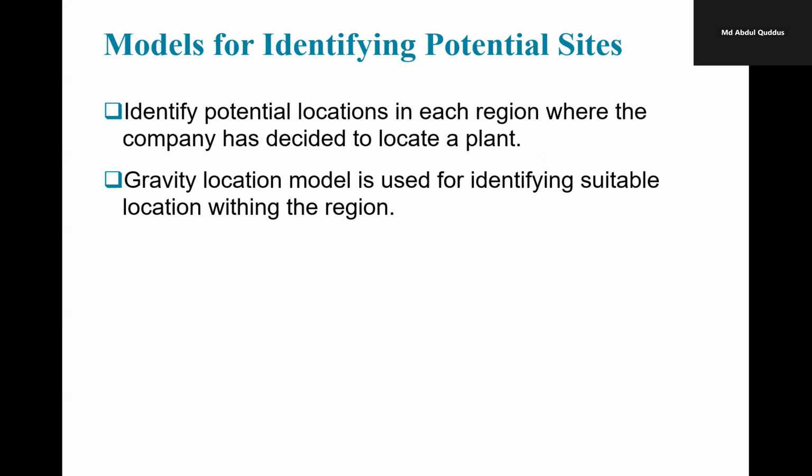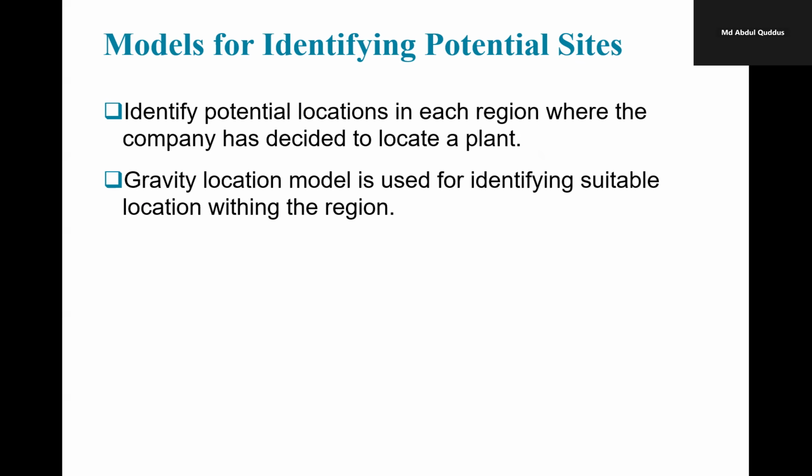Now we are going from the big picture region to potential location. Where exactly in the region the company has to decide to locate a plant is done in the model for identifying potential sites. And one of the methods used is the gravity location model, for identifying suitable locations within the region.